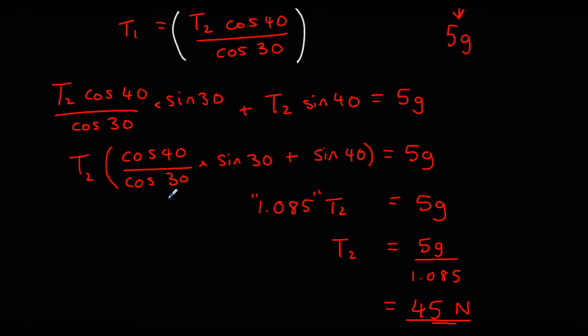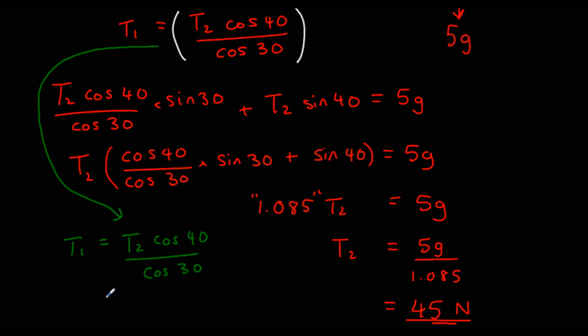Now I'm going to keep that number in the calculator as well, because I'm going to use it to find T1. We know T1 equals T2 cos 40 over cos 30. So I'm just going to type in the calculator answer cos 40 over cos 30. And to 2 significant figures again, I've got 40 newtons this time.